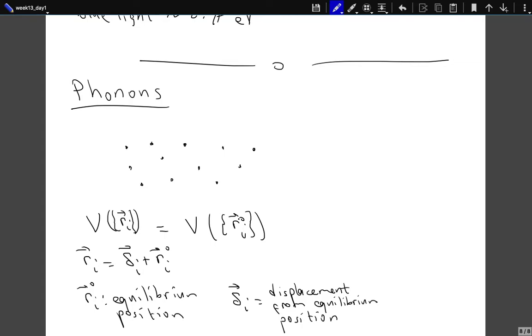The value of the potential when everything is in equilibrium position, plus the derivative.